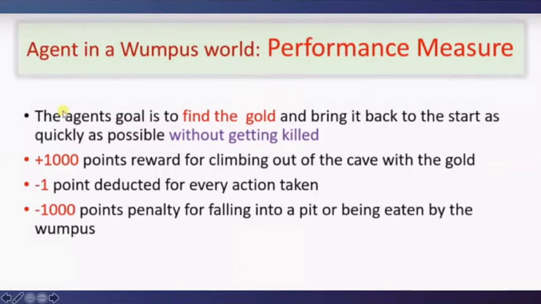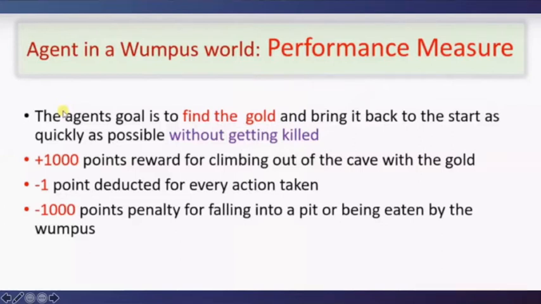What we have is the agent, and this particular agent has to find the gold and bring it back to the start. It starts from the 1,1 grid, which means the first block of the grid.